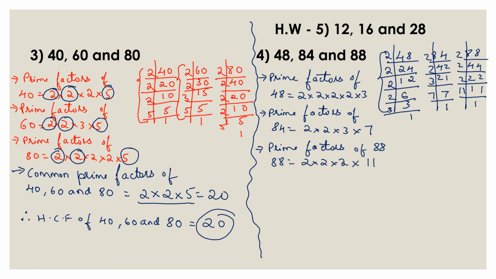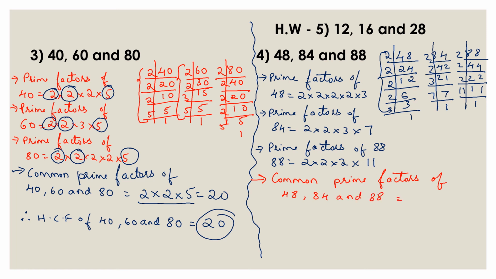Now what is our next step? We should write the common factors, that is the common prime factors present. So let's find out what are the common prime factors present. Common prime factors of 48, 84 and 88.